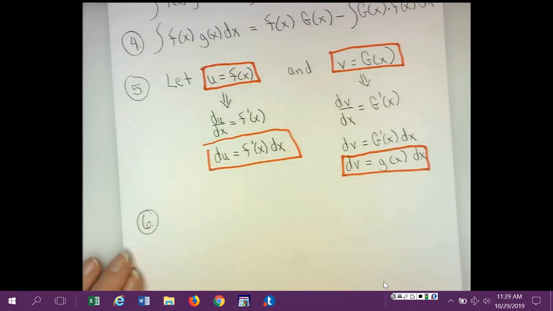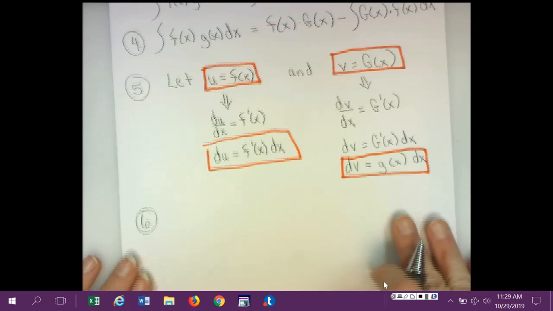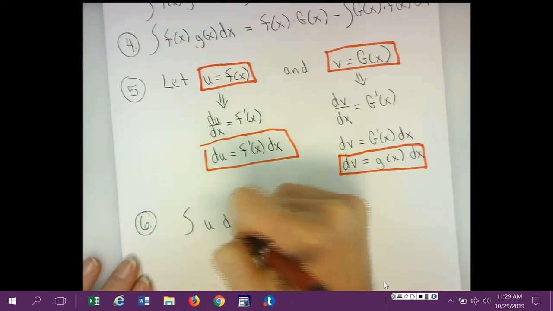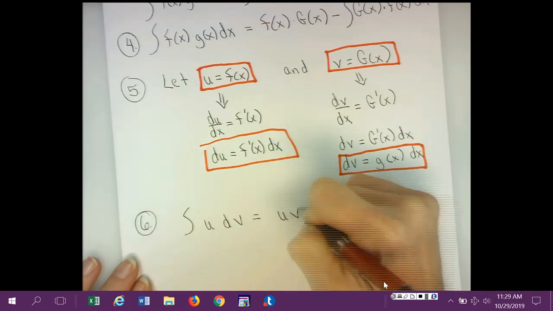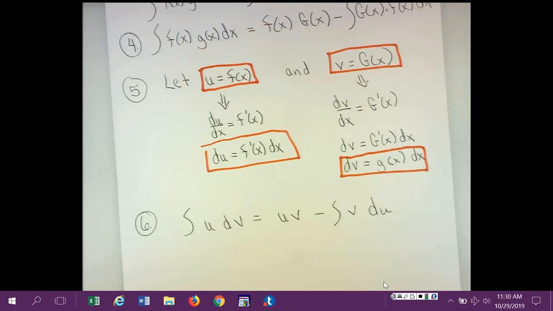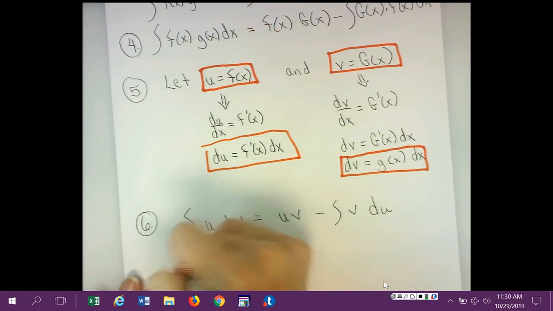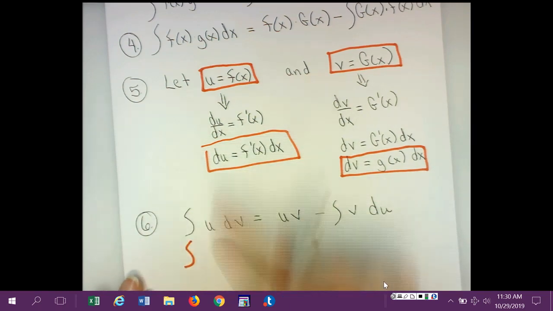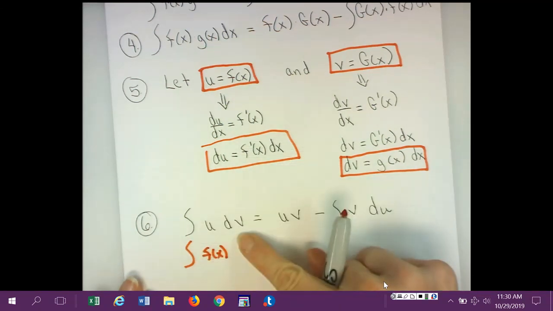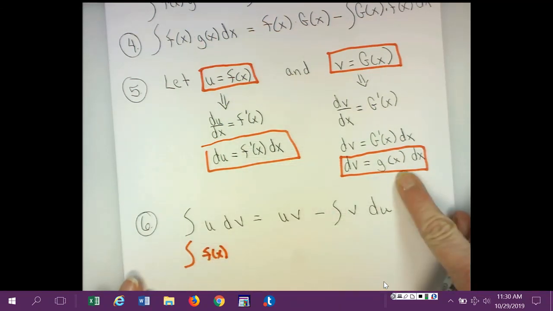So here we go. Here's the formula. And I'll show you how this is true. We are going to go in and substitute. So we said in the box that u is f of x, dv is g of x dx.